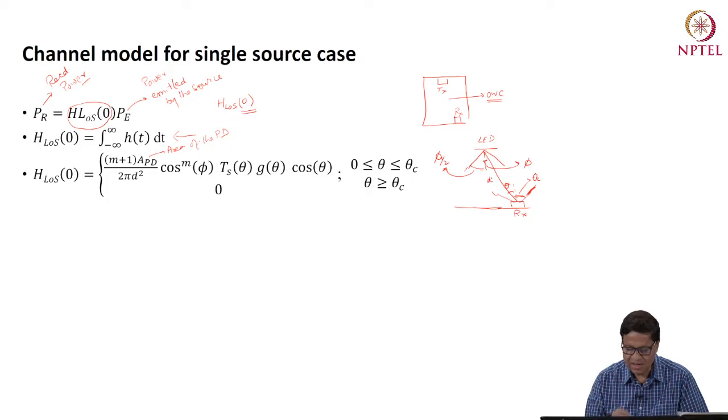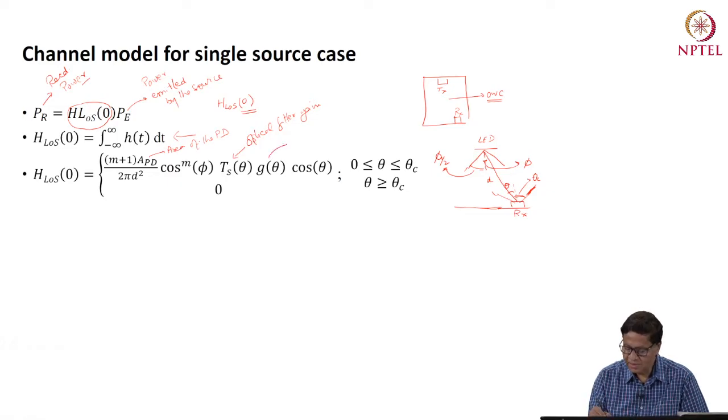Then cos to the power m of phi, this is the radiation pattern. This term comes from the radiation pattern, and m, as I mentioned, is the Lambertian parameter. And Ts of theta is the optical filter gain if you are using some optical filter. So this will have some gain.